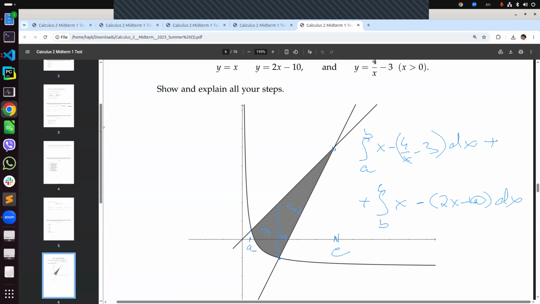For example, to find A, we have to calculate the intersection of x with 4 over x minus 3. Solve this, and we get that x equals 1. So here we are going to get 1. To find this intersection point, 4 over x minus 3 should be equal to 2x minus 10.